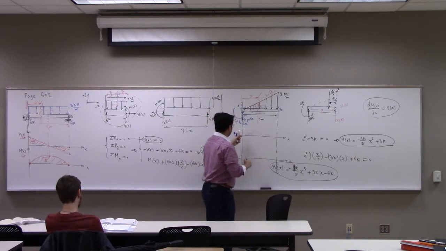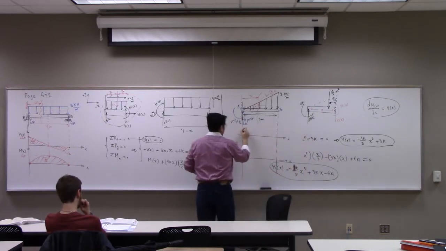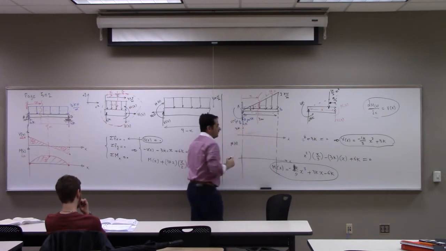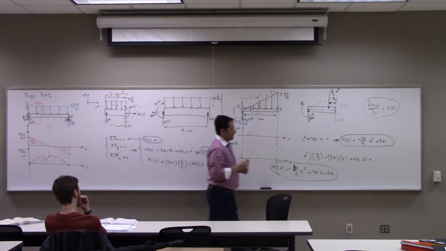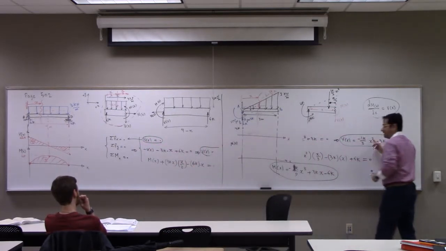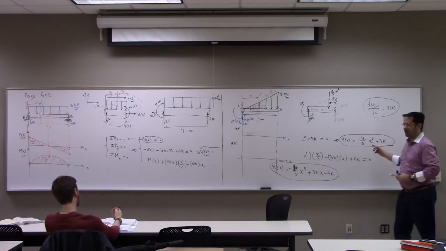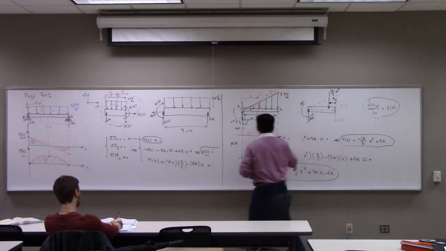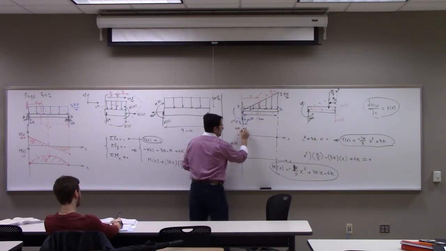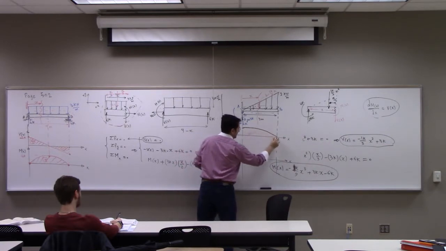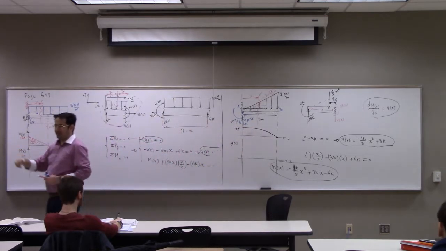So I want to draw the shear first. At 0, I have 3k. What do I have at 3? 0. This is 9 divided by 3, negative 3k plus 3k, 0. And the curve is parabolic. So when you connect it, you have to have some sort of curvature. Like that. Do not draw a line.